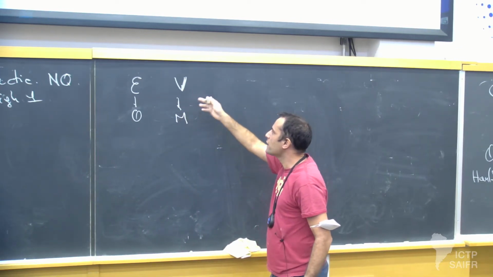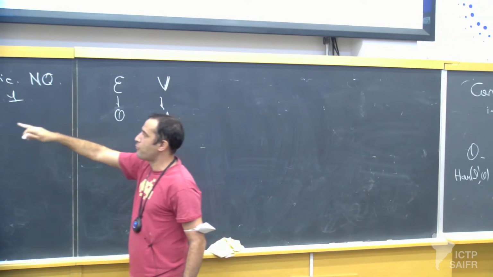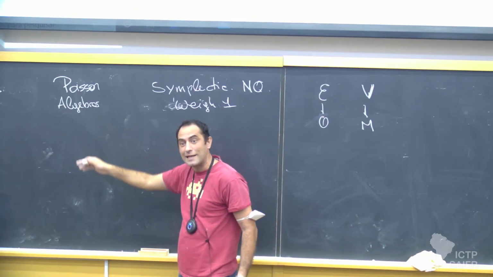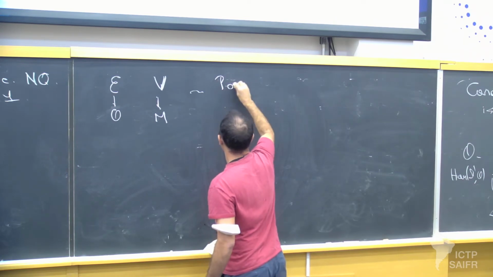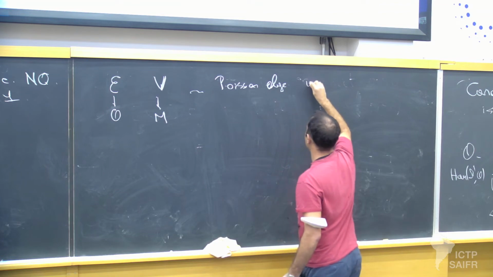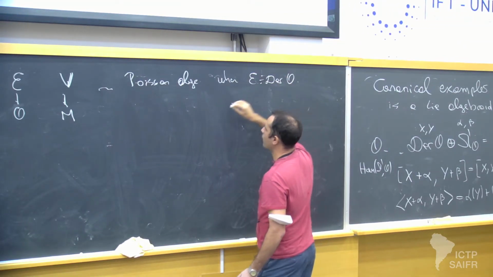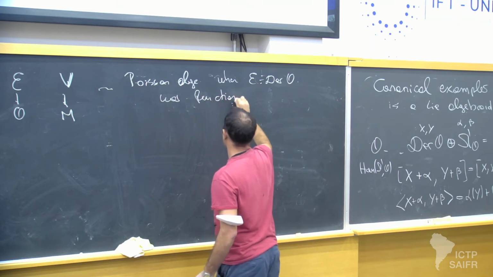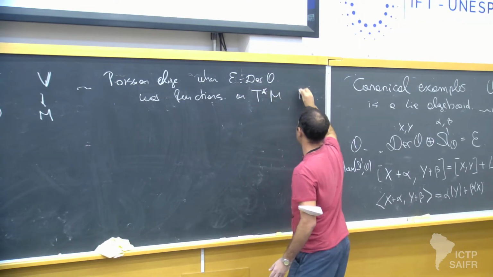In the canonical example where this vector bundle is the tangent bundle, the Poisson algebra that I constructed, when E is derivations of O, was functions on T*M, where M is the spectrum of O.